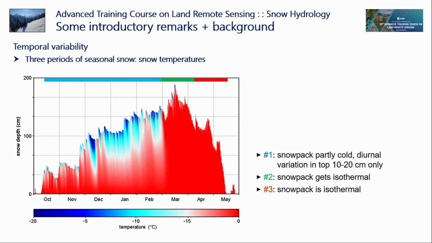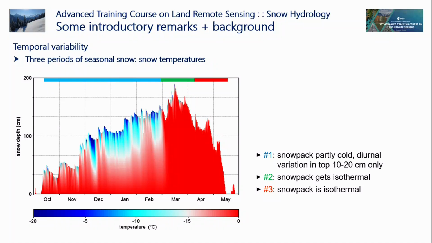And I would give you an outline of the concept of three different periods during the build-up and the depletion of a snowpack. I visualize that by looking at a snow depth record over the course of an entire season, where the vertical axis is the snow height, and the color reflects one internal snowpack parameter.